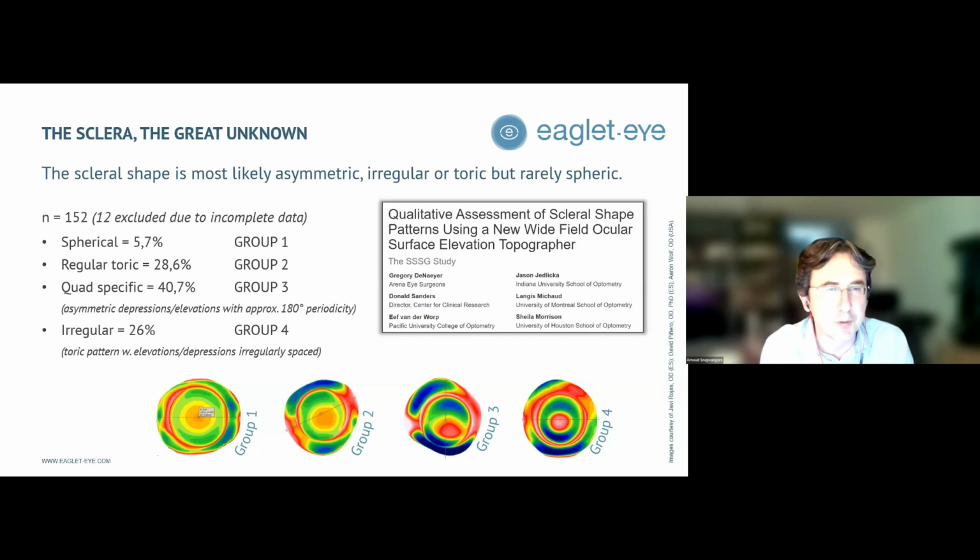So just under 30% regular toric, 40% quadrant specific, and then 26% is more irregular than that, group 4. And so the base message behind that is it's really worthwhile to have 3D data, to have measured the sclera.